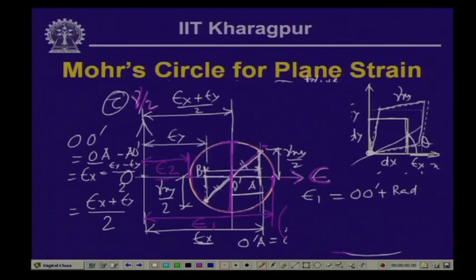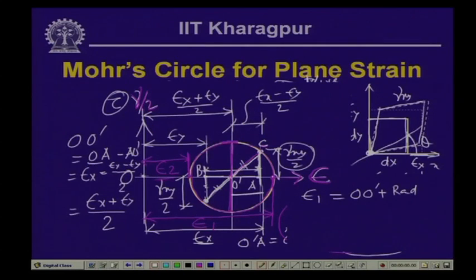The value of the radius: from this particular diagram, in the triangle O dash A C, C A is equal to gamma x y by 2, and O dash A is equal to epsilon x minus epsilon y by 2.